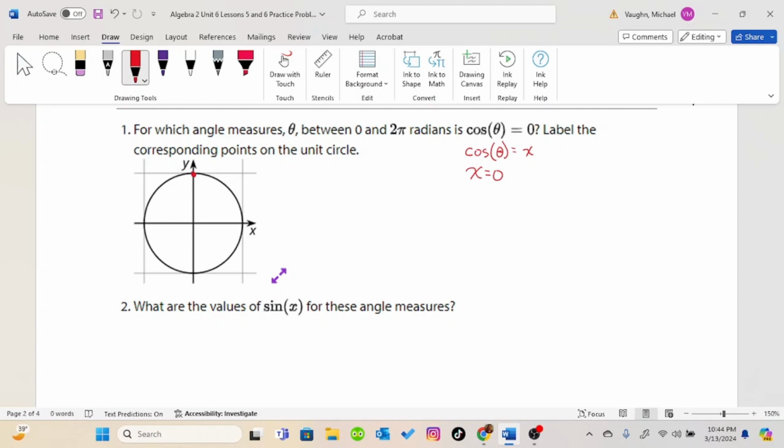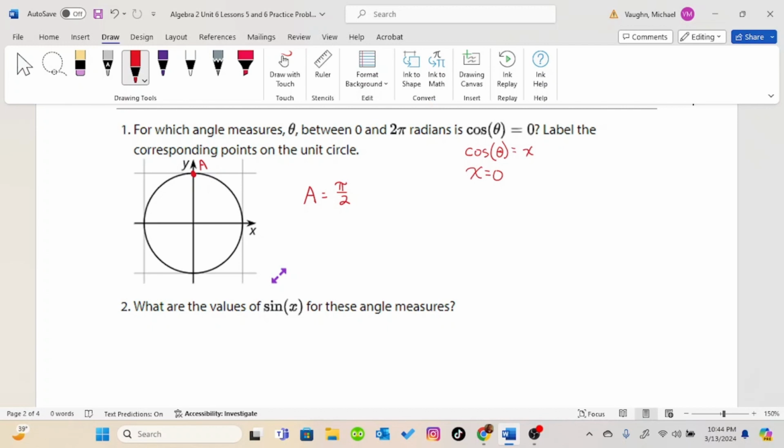So we have a point at the top that we'll call point A, and the angle measurement at A is pi over 2 because it's half of pi, because pi is half a circle.